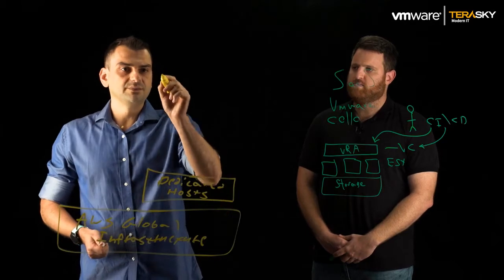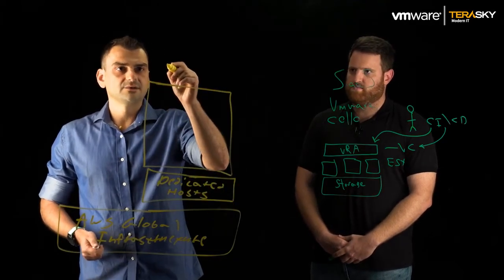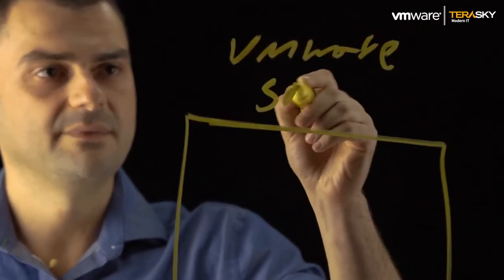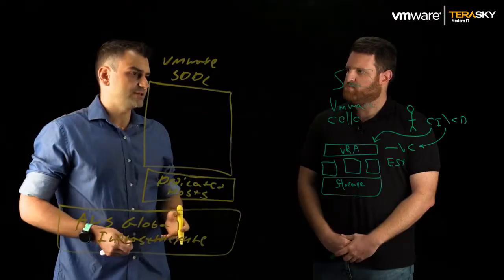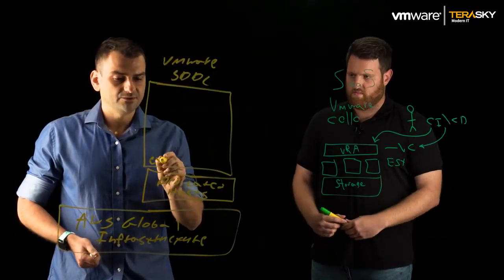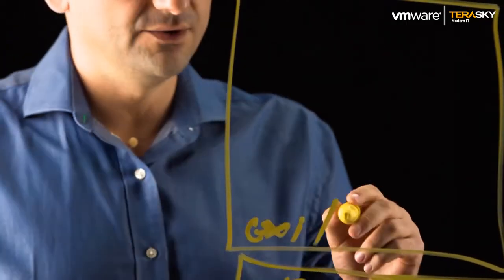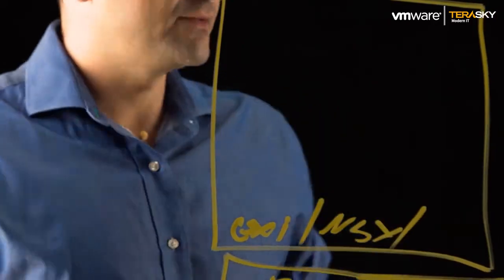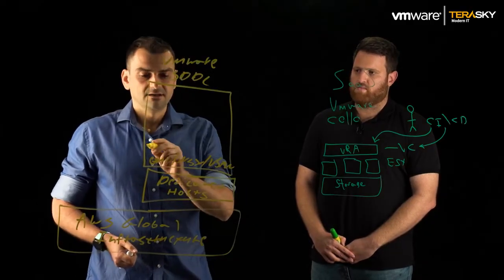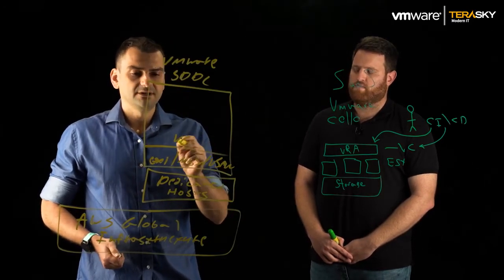And on top of that, we're building the VMware SDDC stack. So basically, the same building blocks and technology which customers know and use on-prem, such as the hypervisor of vSphere running ESXi, the software-defined networking and security of NSX, and the software-defined storage of vSAN. All of that is managed through vCenter.